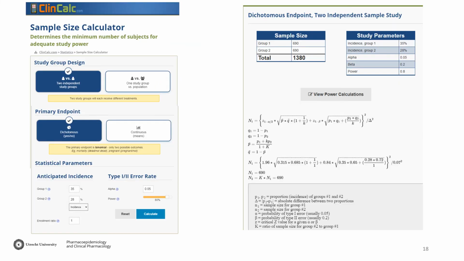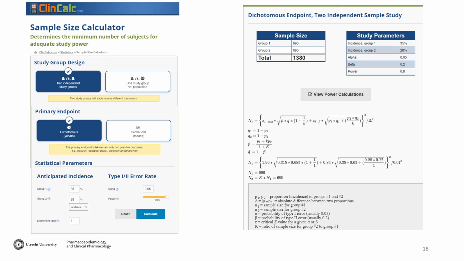So for example, if we take ClinCalc, they can actually give you an example of how to use that tool. So if you see on the left side, you can pick what kind of study group it is. So it's the group design, and you have the endpoint. So if you, for example, have two groups with the yes/no endpoint, then you have to give the anticipated incidence.